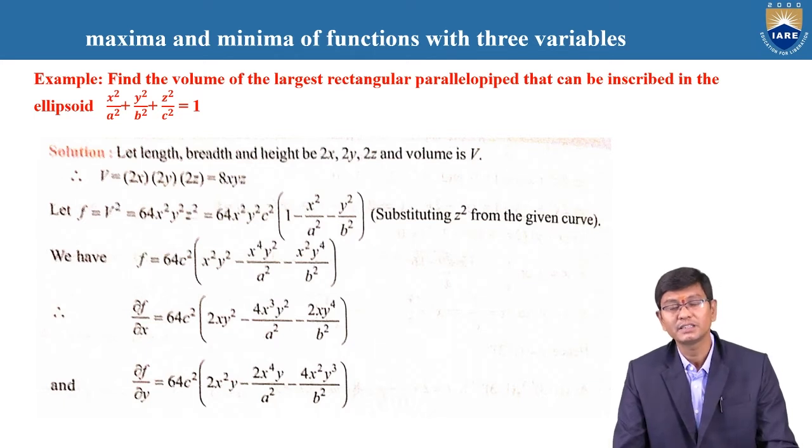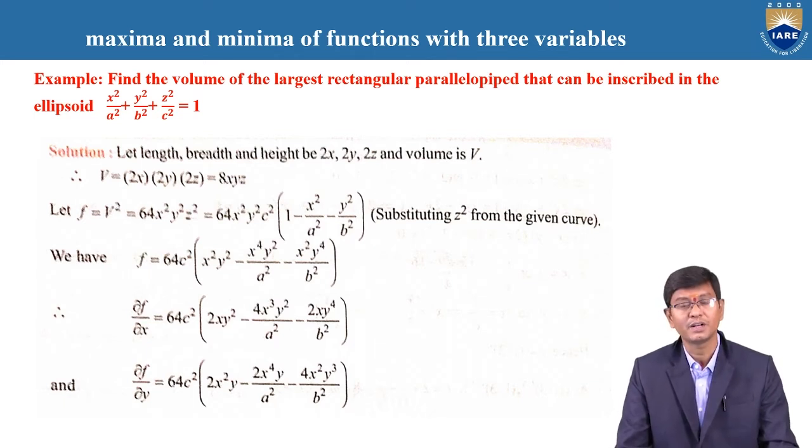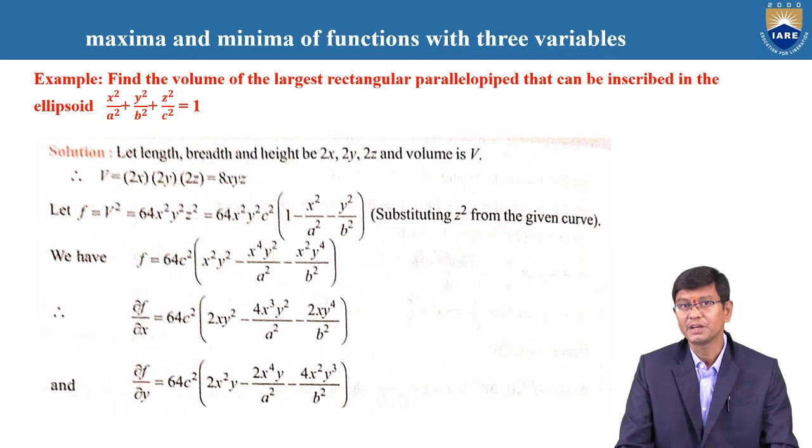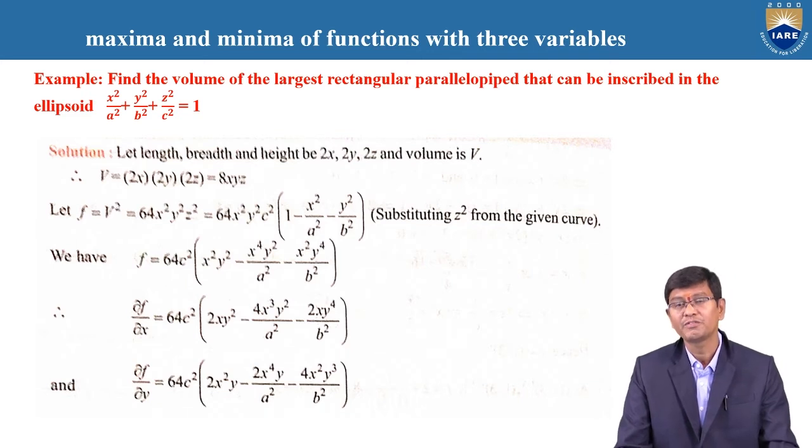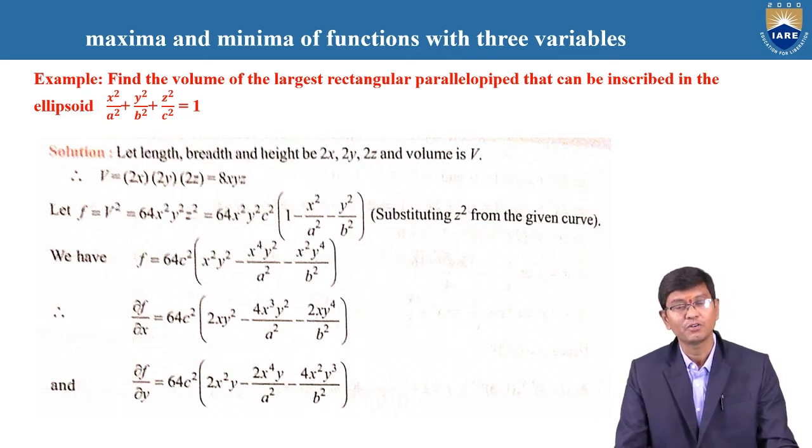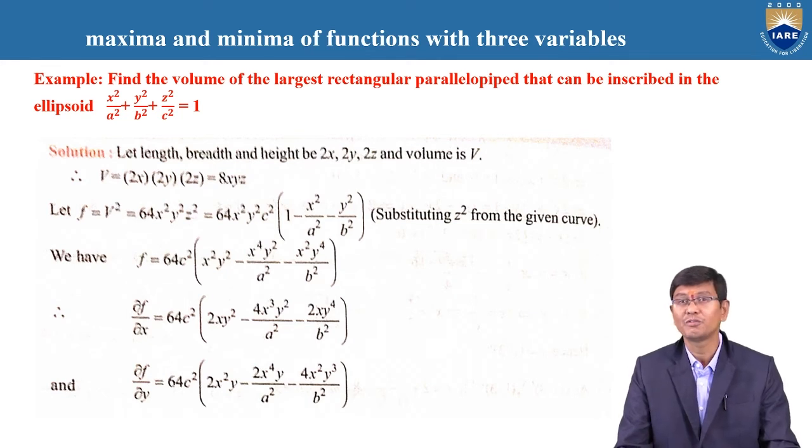Therefore, from the equation, we need to find the values of dou V by dou x and dou V by dou y. Corresponding to these, we obtain clearly 64 into x square y square minus x power 4 into y square by a square minus x square into y power 4 by b square.